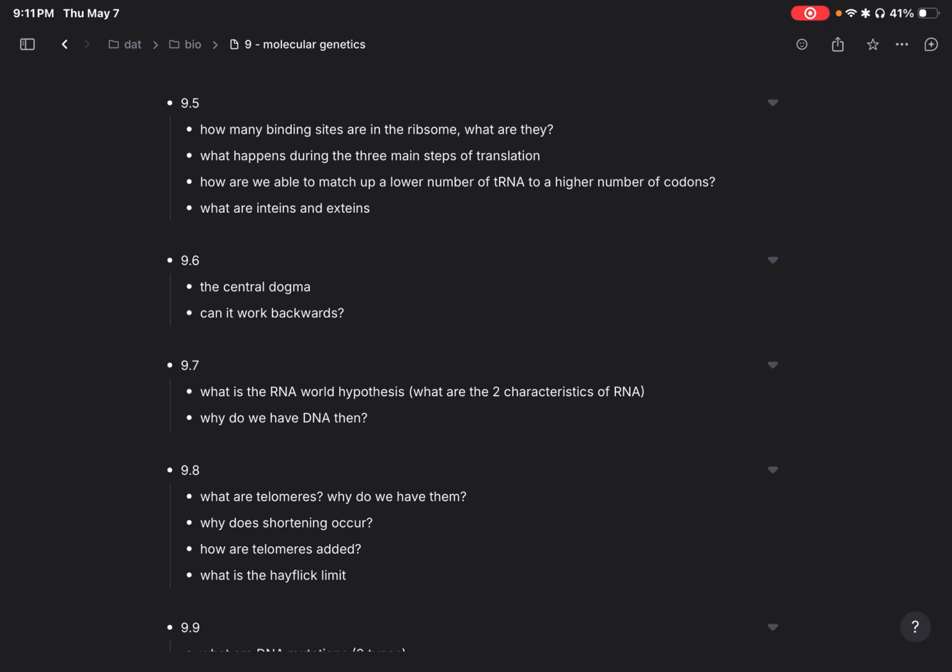I don't fully remember this, but the start codon will initiate it. So like MET, it'll be like, lock in, let's start, and then it's like, I got you.